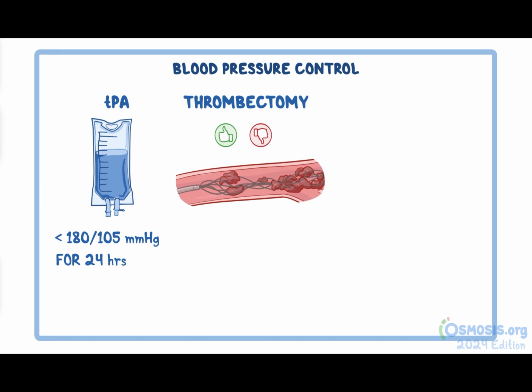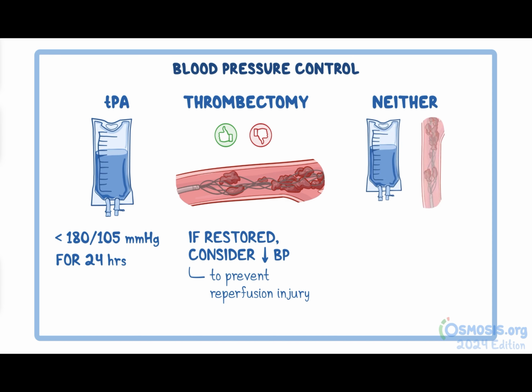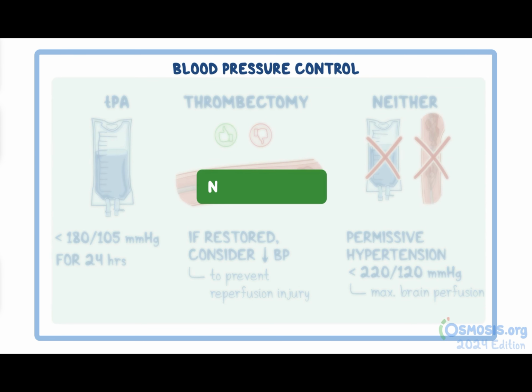For example, if normal blood flow is restored, consider a lower blood pressure goal to prevent reperfusion injury. For those who got neither a TPA nor a thrombectomy, allow permissive hypertension up to 220 over 120 millimeters of mercury to maximize brain perfusion. The long-term goal for all patients is normotension.